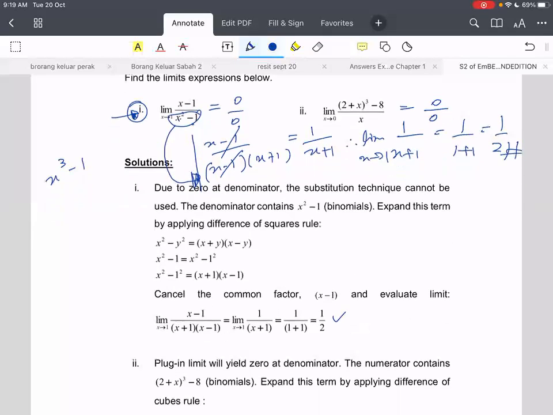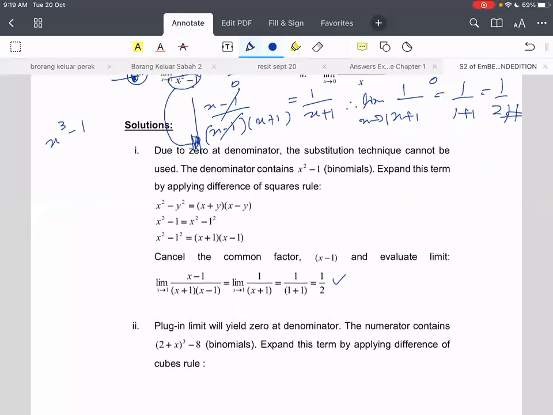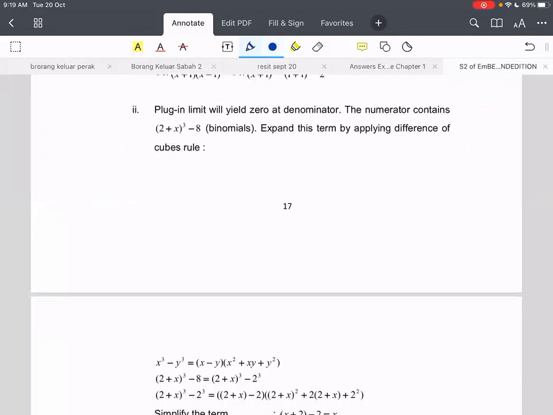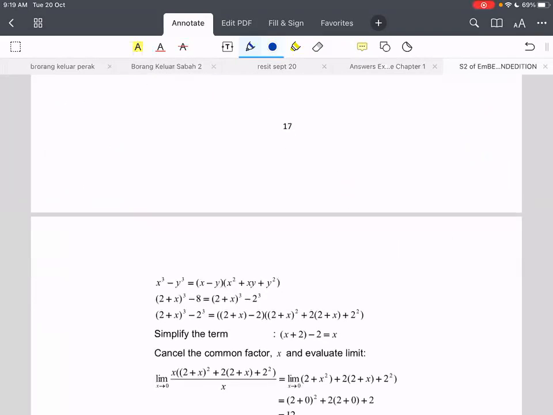And as for question number 2, this is quite a tricky one because it involves binomials but with the cubes. 2 plus x in the bracket power of 3. So you need to use this.